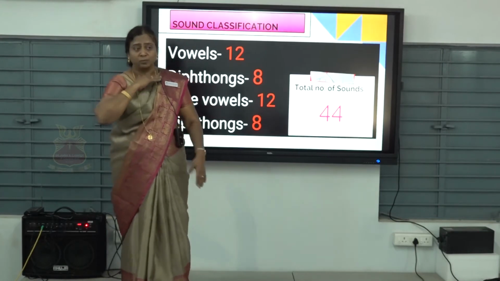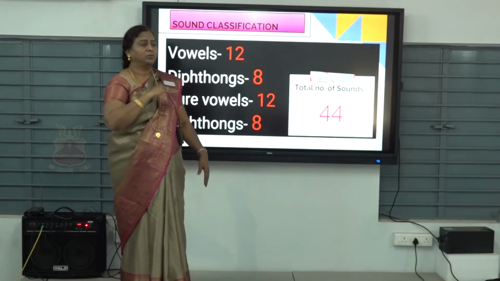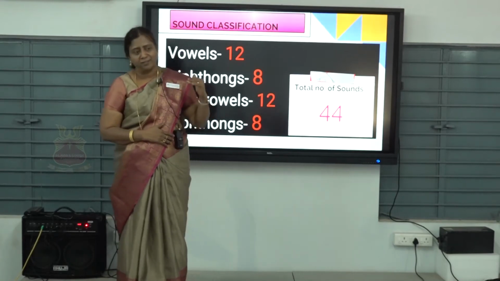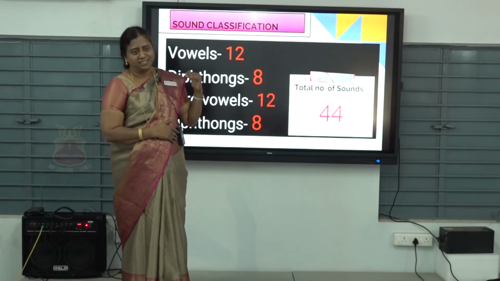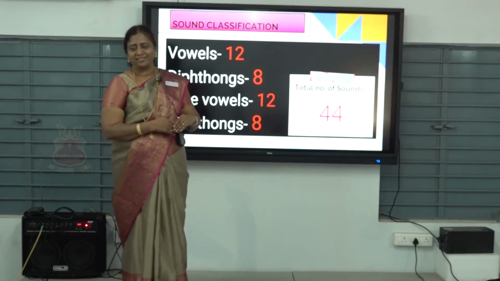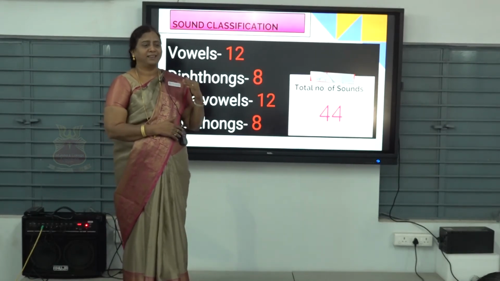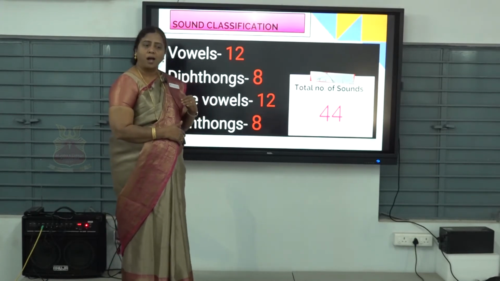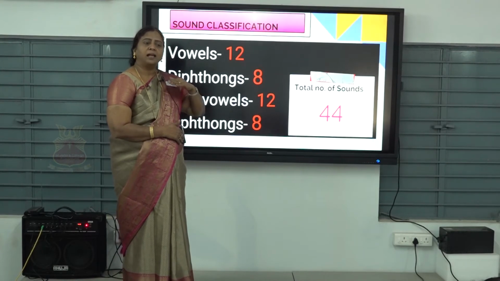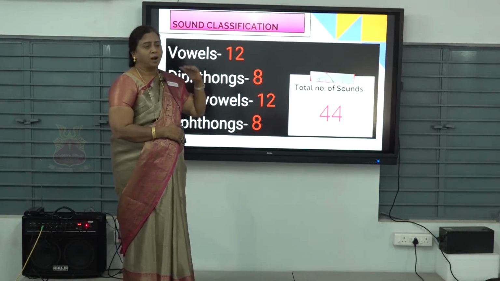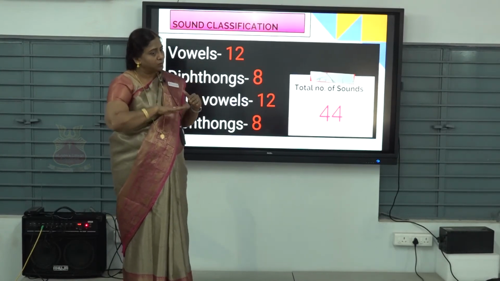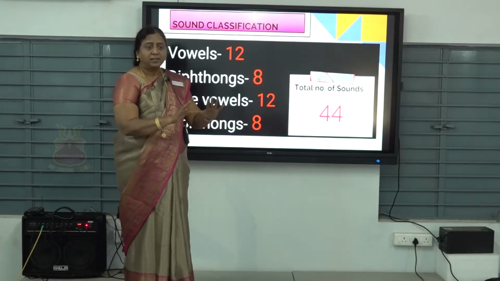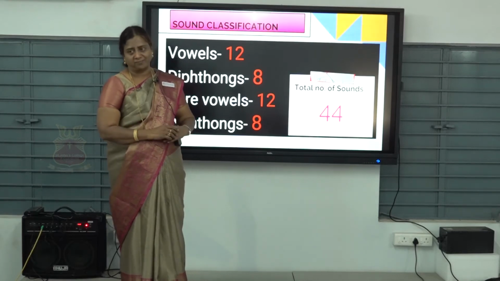So when you pronounce them, do you find some difference? The tongue doesn't touch any part of your mouth cavity. Just try again. The tongue either goes as high as the hard palate or goes as low as possible, but it doesn't touch any part of the mouth cavity.